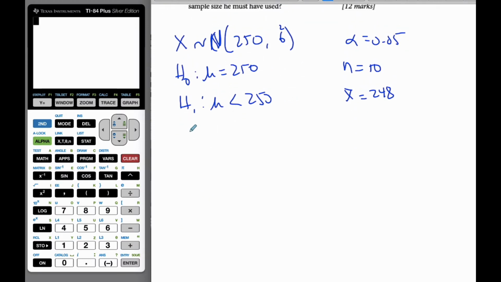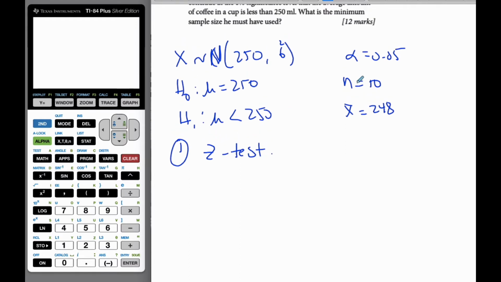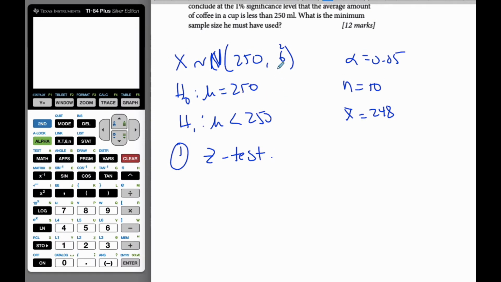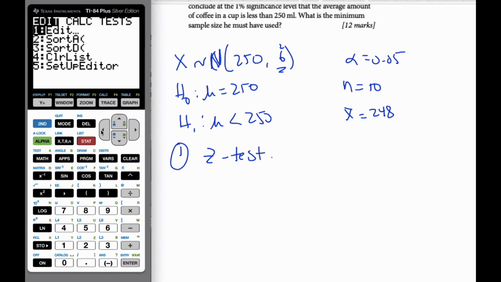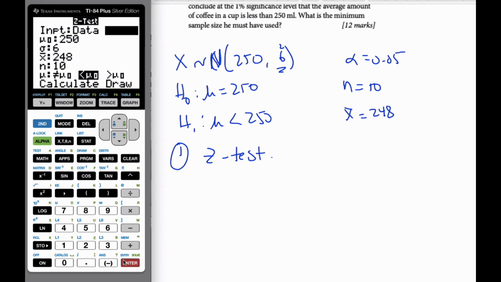I'm going to do it two ways. The first method is, this is clearly a one sample z-test, because I know the standard deviation is 6. So if I go stat, test, z-test, I have my statistics: 250, 6, 248, 10. I don't put divided by root 10 because I'm putting n in here and the calculator will divide automatically for me.